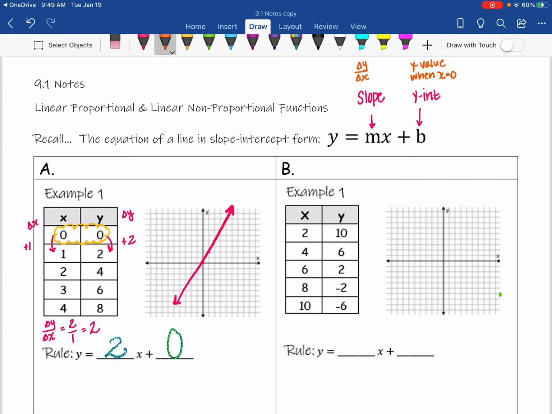So example 1 in column B, again, I'm just going to plot the points. 4, 6, 6, 2. Okay, and then I'm going to connect my line here.